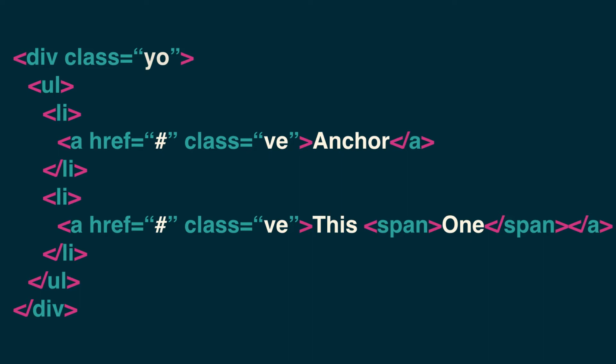So what kind of path would you take to get to that span tag and be able to style it? I'll give you guys a couple minutes, maybe 60 seconds. I'm looking at my timer.